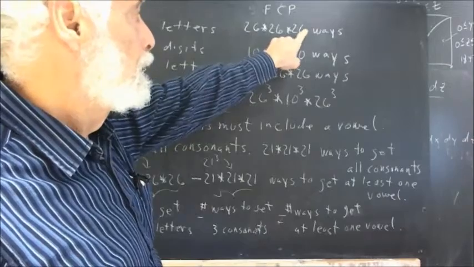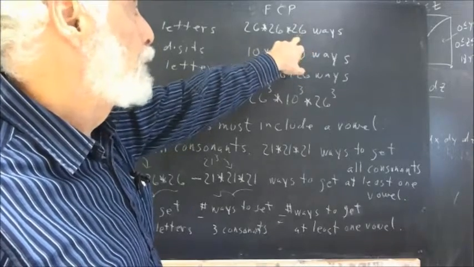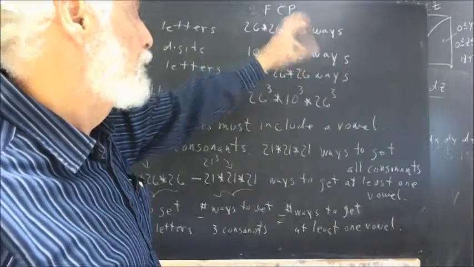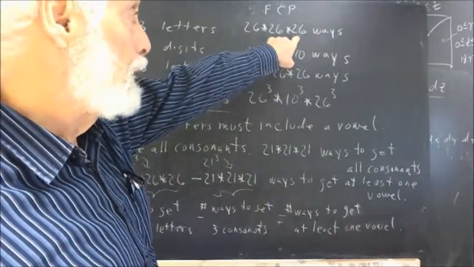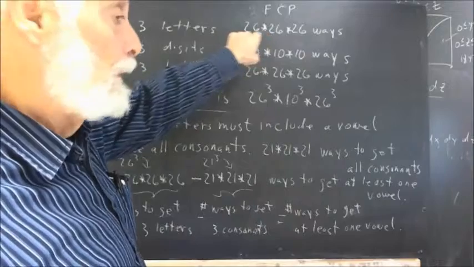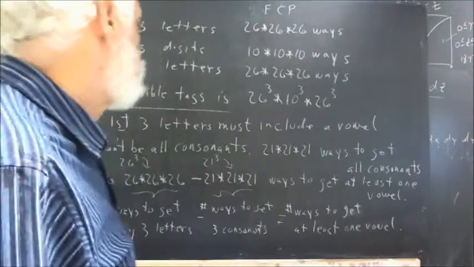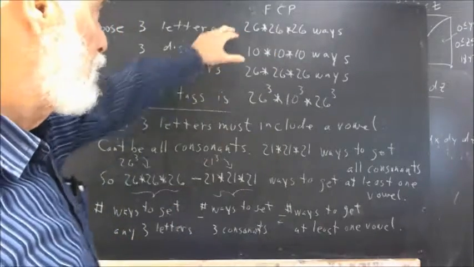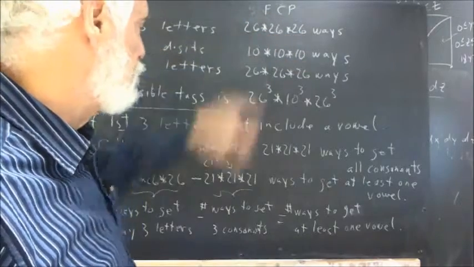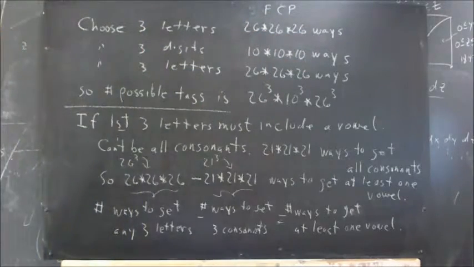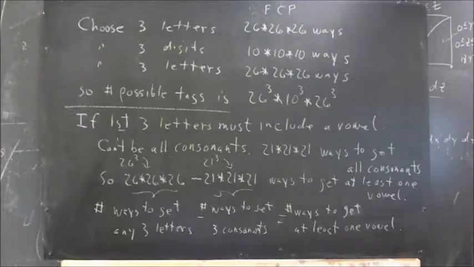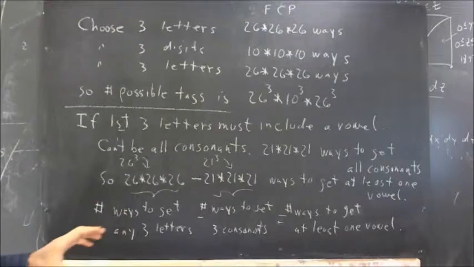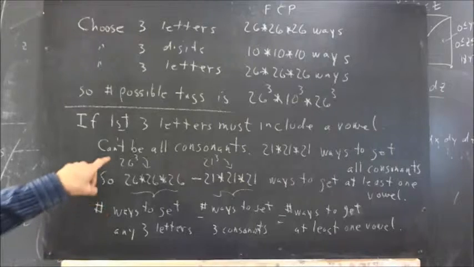So you might have only 21 ways, or only 5 ways, to choose this last letter if you chose consonants on the first 2. So it all gets kind of complicated and the fundamental counting principle won't apply. So it gets difficult to reason this out, although it can be done. You've got a lot of contingencies though, and it's kind of complicated.